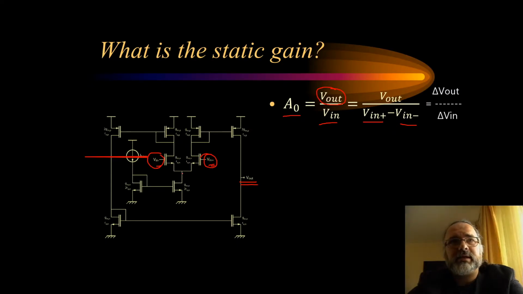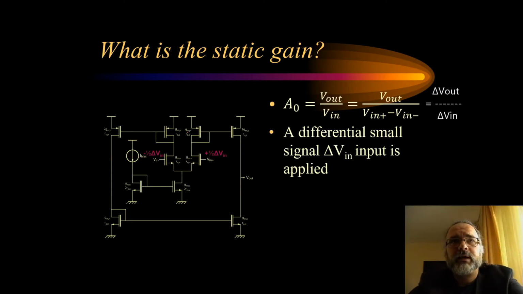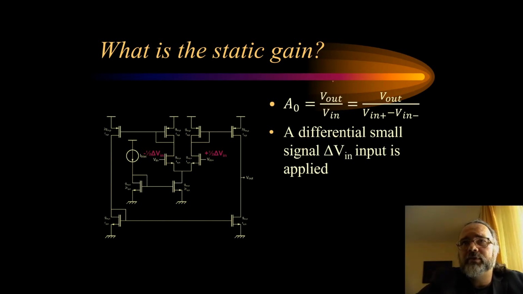So let's see how this works. Let's suppose that we have input voltage which is delta V in. This is V out.